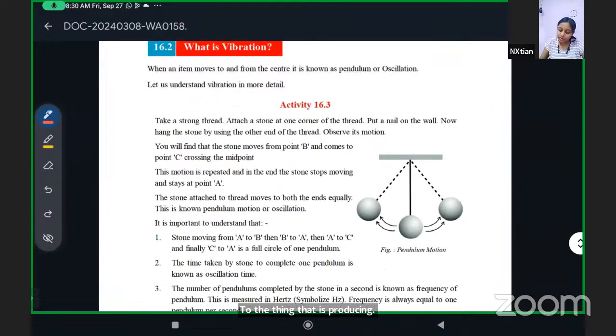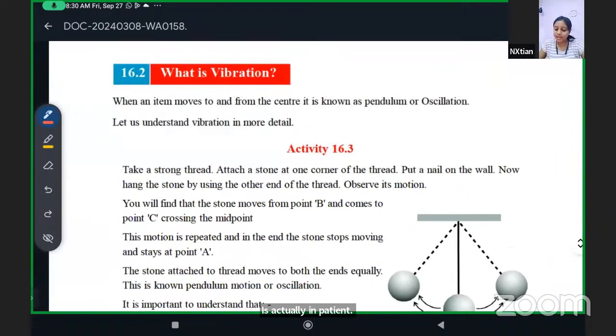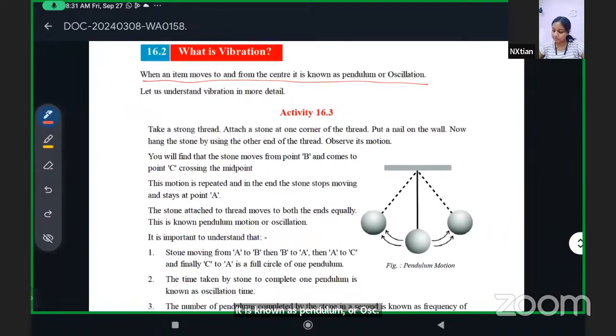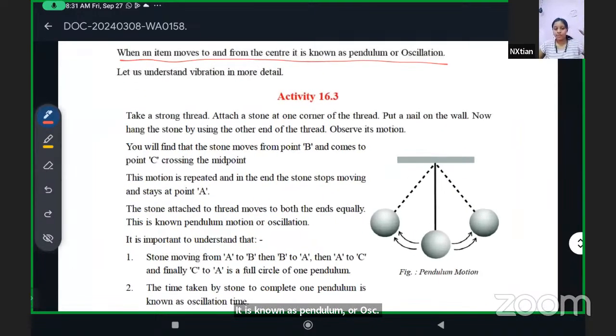All right. Now, when an item moves to and fro from the center, it is known as a pendulum or oscillation. Can you see the pendulum on the left, on the right, and then on the left, then on the right? That is to and fro motion from the center.